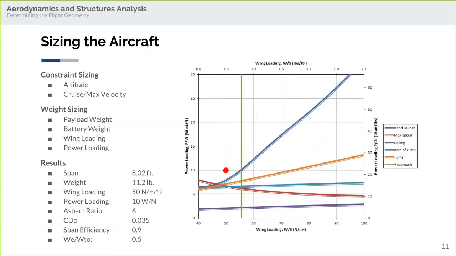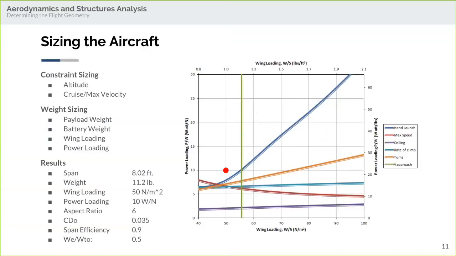In order to size the aircraft, we used the spreadsheets provided by Mr. Johnson from Georgia Tech. Our constraint sizing, the main constraints that were constraining our design, were the altitude that we're operating at, as well as our cruise and max velocity. From that, we were able to determine our power loading and wing loading, which you can see on this diagram to the right.